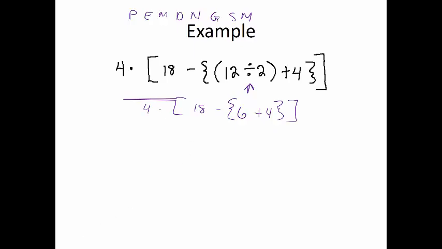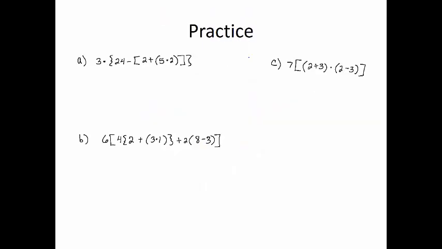And we have a 4 out here. Alright, now we still have enclosures that we're dealing with. 6 plus 4 is 10, so we have 18 take away 10. Okay, deal with that. 18 take away 10 is 8, and 4 times 8 is 32. Alright, so with enclosures, you're just going to start with the inside most ones and work your way out.